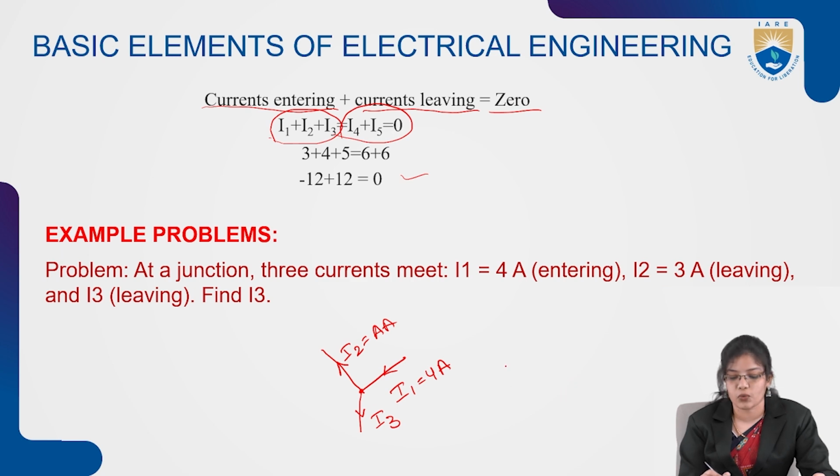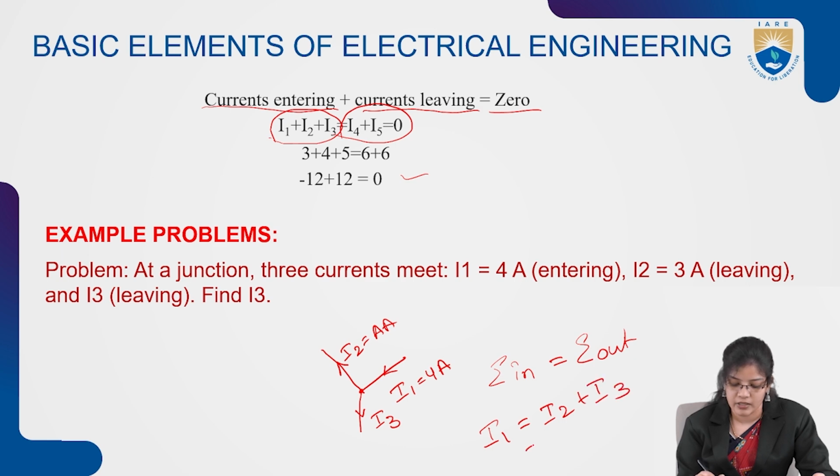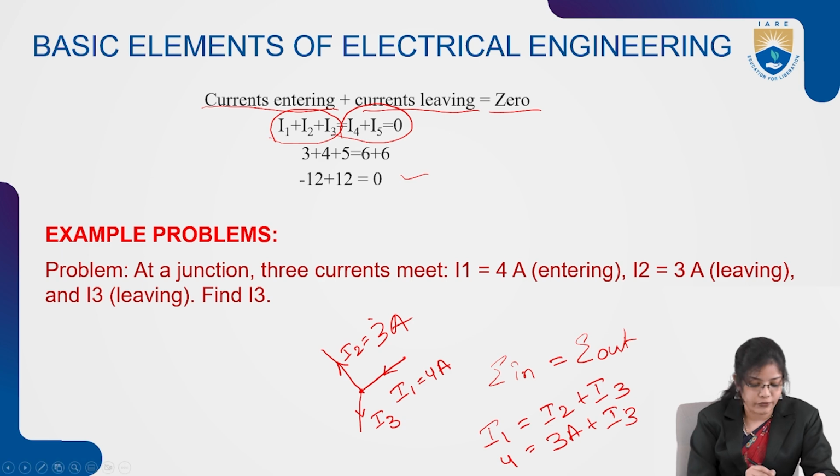We already know the sum of incoming currents should be equal to the sum of outgoing currents. Here the incoming current is I1, and the outgoing currents are I2 plus I3. The value of I1 is given as 4 amperes, and I2 is given as 3 amperes, and we have to find I3.